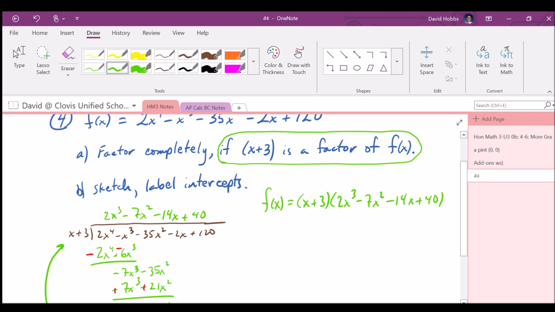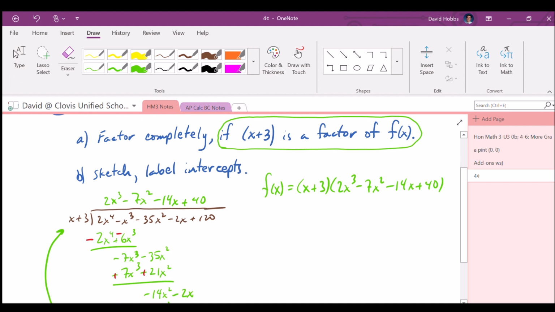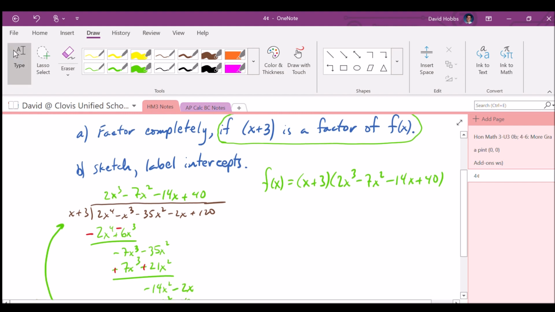Okay? So now we've done one step of the factoring. We've reduced the polynomial by 1 degree. Now look at the remaining polynomial. There's only 4 terms. Can we factor by grouping? Sometimes all we need is just one factor to help us finish factoring the rest of the problem.